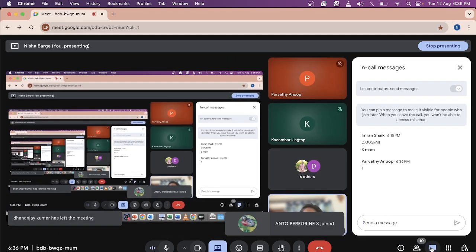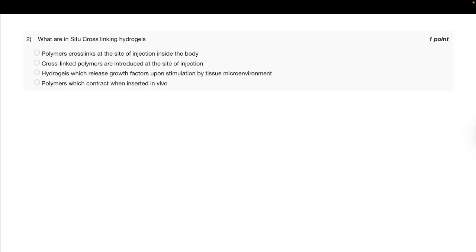Somebody's answering in the chat box. Option 1, polymers cross-link at the site of injection inside the body. Okay, thank you for answering. Let's see if anybody has any other response, and then we'll discuss the answer. Thank you for answering.